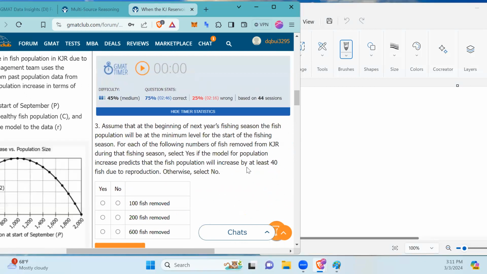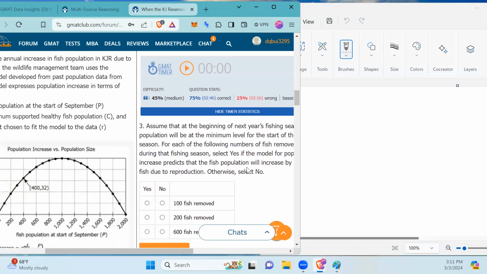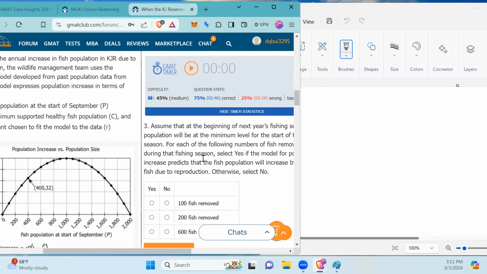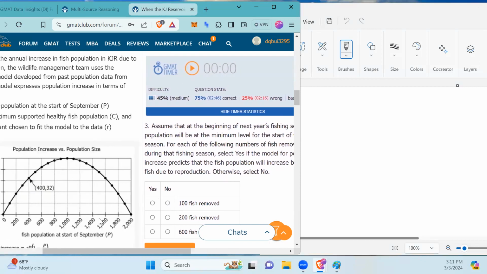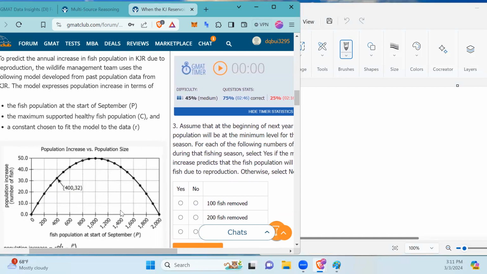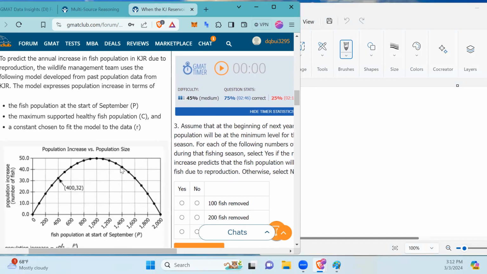Okay. If 100 fish are removed, how many fish would there be? 1,400. And how many more fish would be the increase? About 42, 41. Well, remember that the Y column is the number of fish, not percentage.